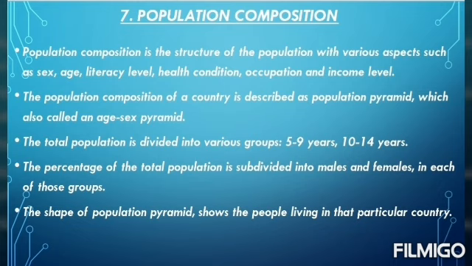Please underline this point. The total population is divided into various groups, that is 5 to 9 years, 10 to 14 years. The percentage of the total population is subdivided into males and females in each of these groups. The shape of the population pyramid shows the people living in that particular country.